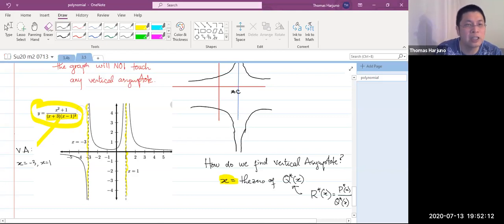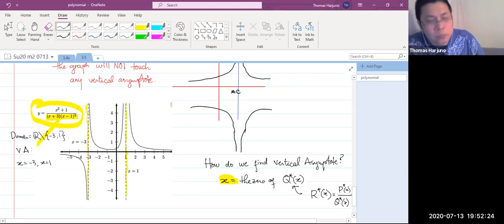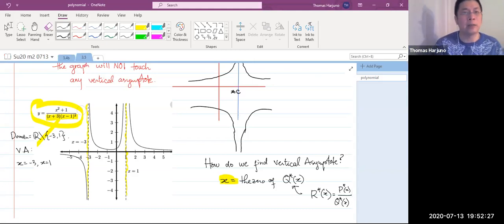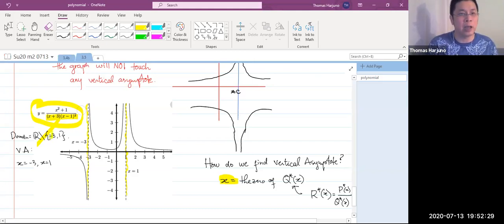Of course, the vertical asymptote has something to do with the domain. It's all real numbers except -3 and 1, but not always the same. In this case, they happen to be the same, x equals -3 and x equals 1, because nothing got canceled.